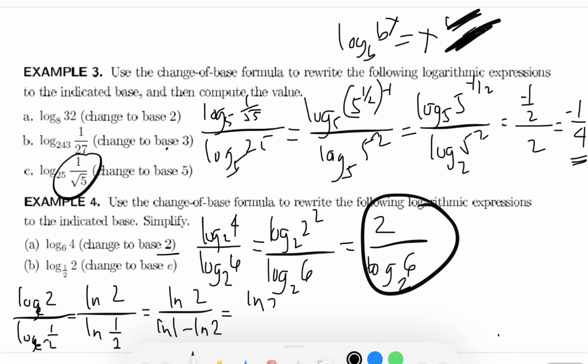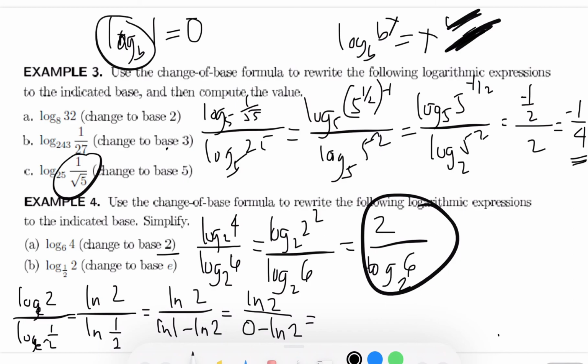And ln 1 is 0, property 1. Okay, ln 2. Remember, log of 1 base b is equal to 0 even if it is ln, log base e. If log base e, that is ln, so ln 1 is also 0. So this is ln 2 over negative ln 2, so the answer is negative 1.